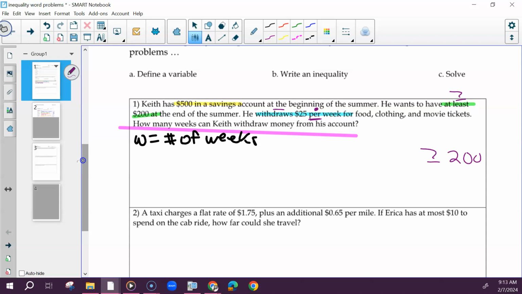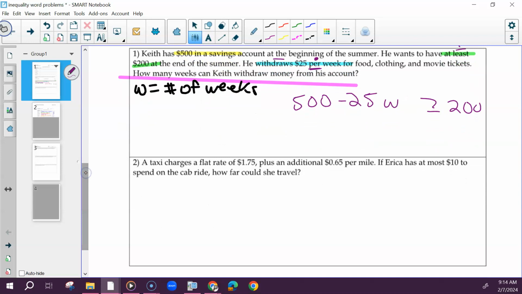How could we set the rest of this inequality up? $500 minus 25W is greater than or equal to 200. So now we have our inequality. Now we can solve it. So go ahead and do that.